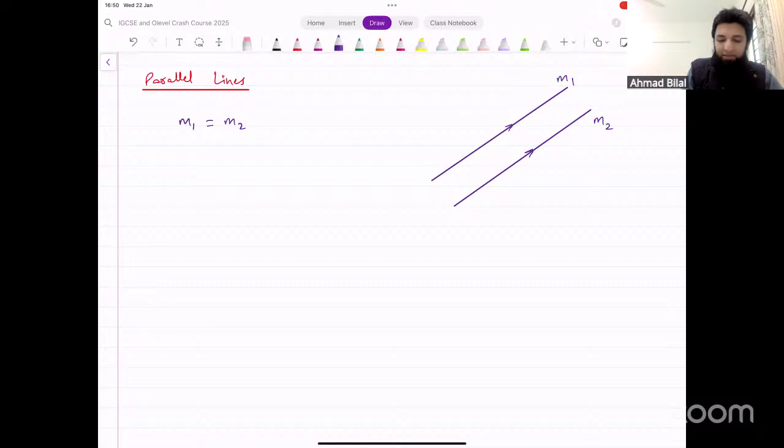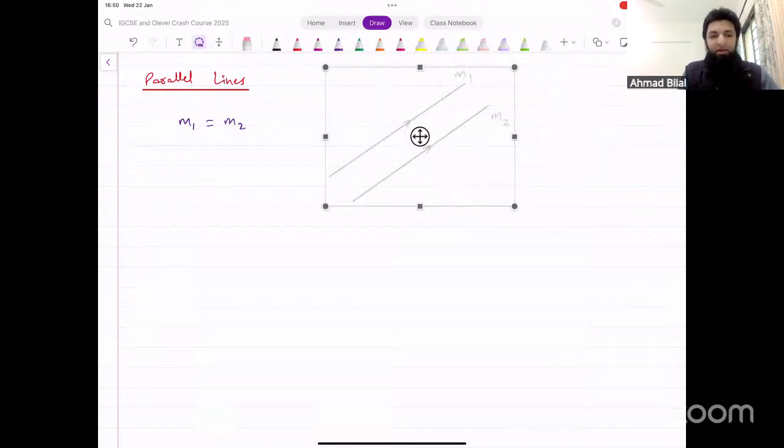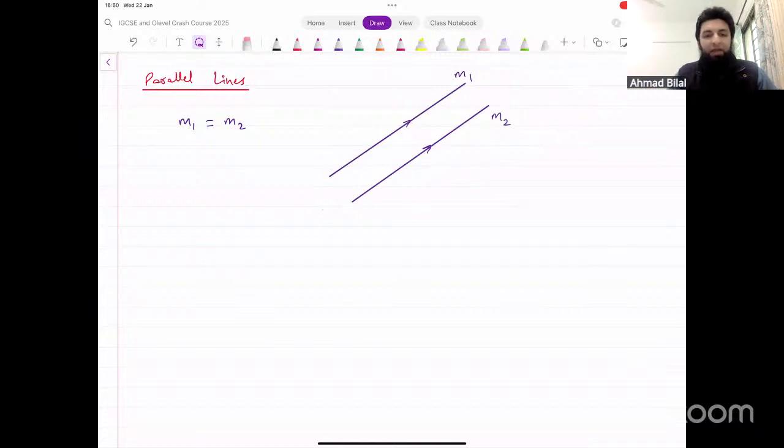So if two lines are parallel, one of them has gradient m1 and the other has gradient m2, the gradients will be equal to each other. So if you know one gradient, you would know that the other is also the same. Okay, so if you know that, for example, the first line has a gradient of 3, the other would also have a gradient of 3 in this case. Okay, so parallel lines have equal gradients.